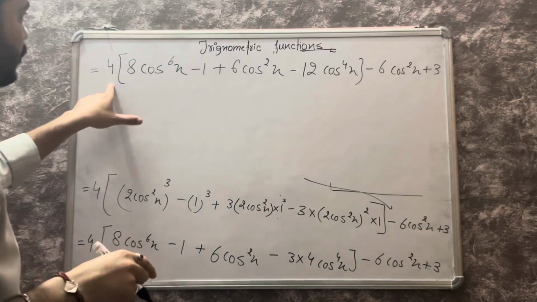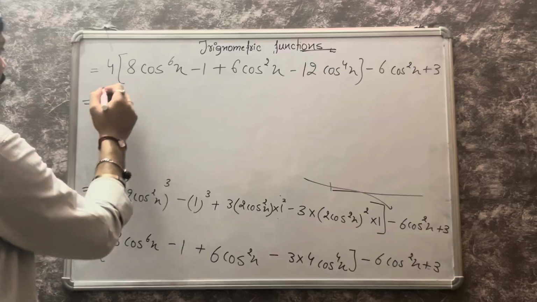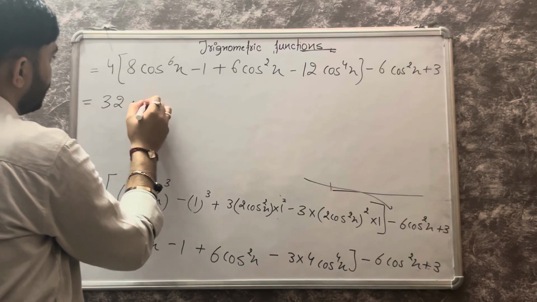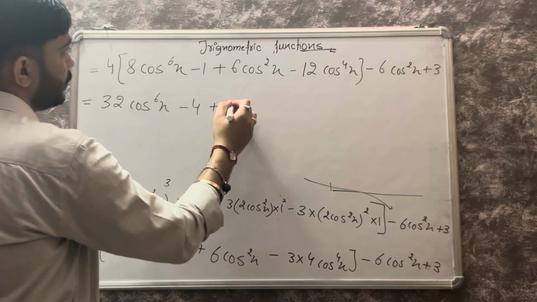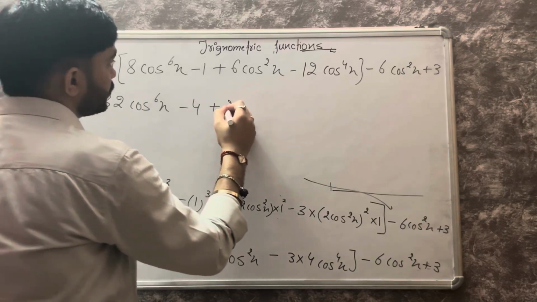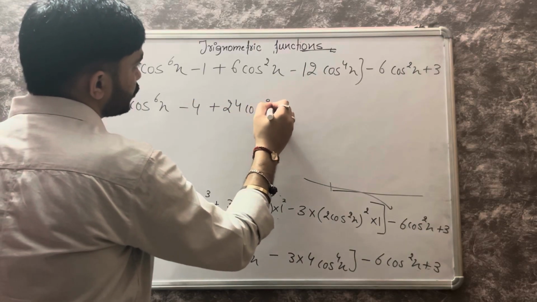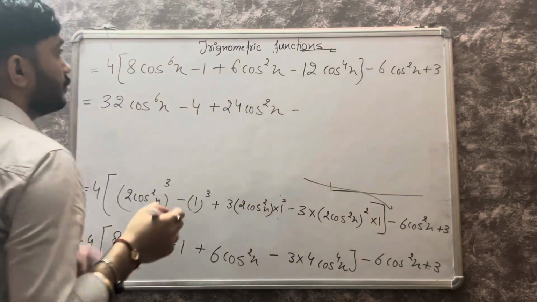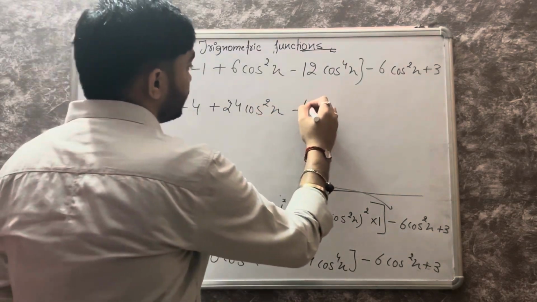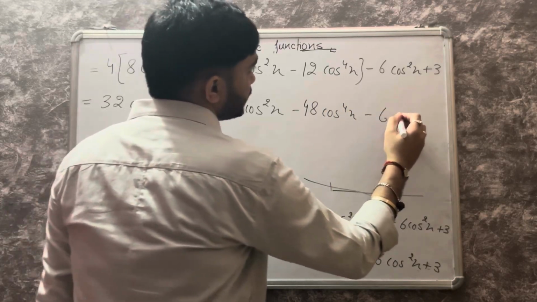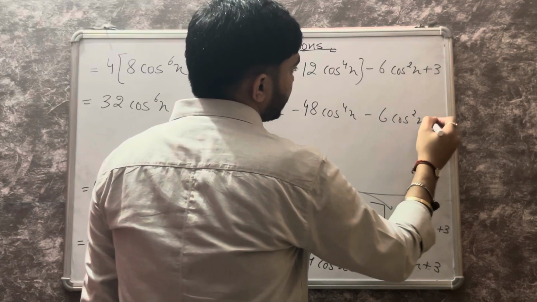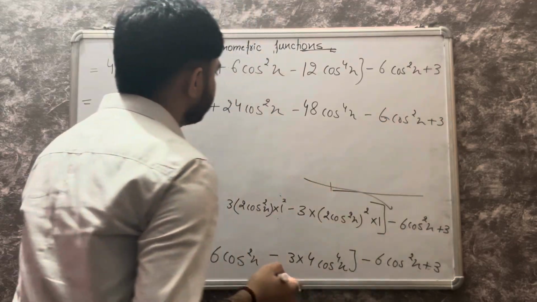Multiply this 4 into the bracket, we will have 4 into 8 is 32 cos of 6x, minus 4 into 1 is 4, plus 4 into 6 is 24 cos square x, minus 4 into 12 is 48 cos of 4x, minus 6 cos square x plus 3.